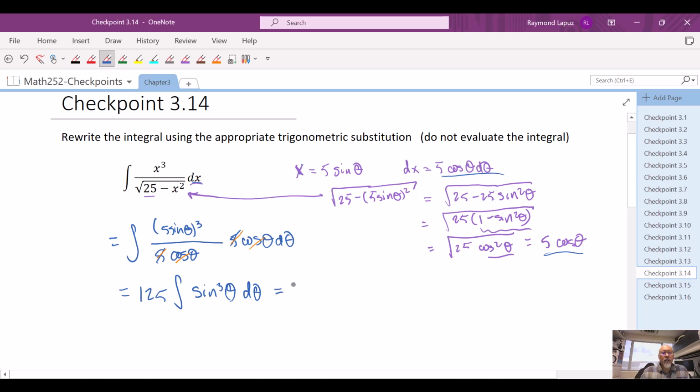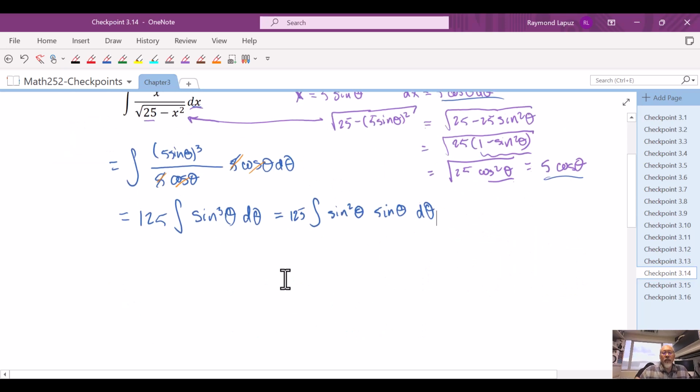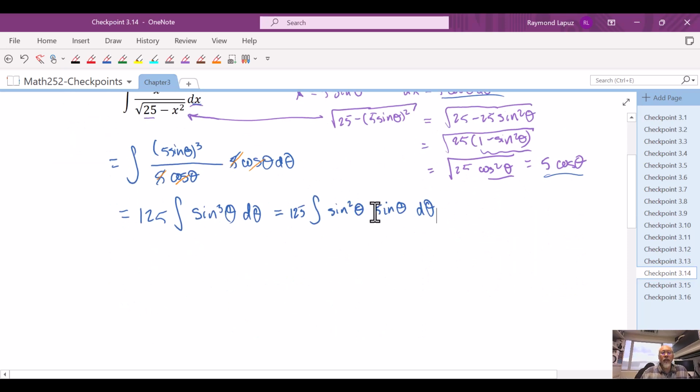It's raised to an odd power. So we'll keep the 125 out here, and we'll integrate this. We'll take one of the sines out, and then we will change the sine squared into something with a cosine. So we have 125 times the integral of sine squared theta times sine theta d theta.